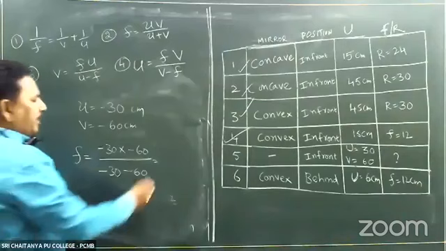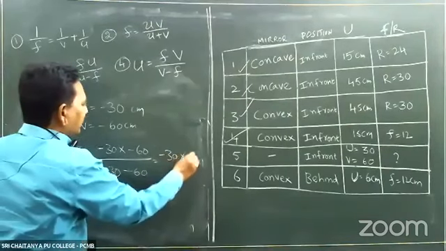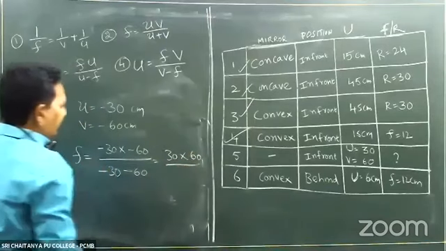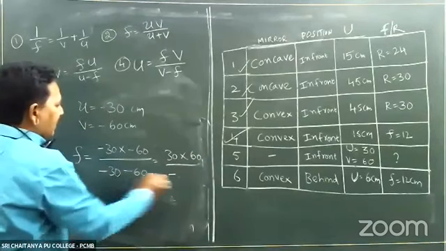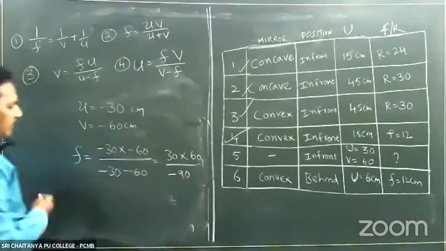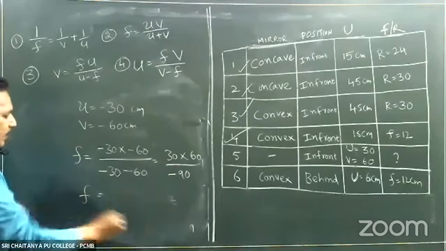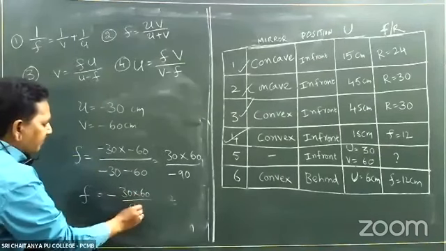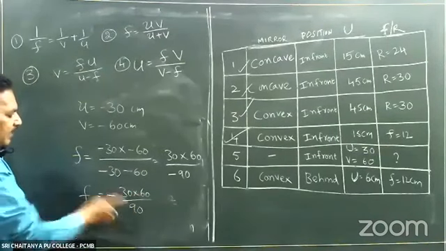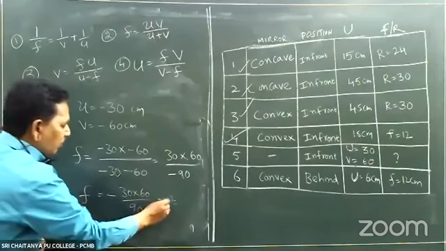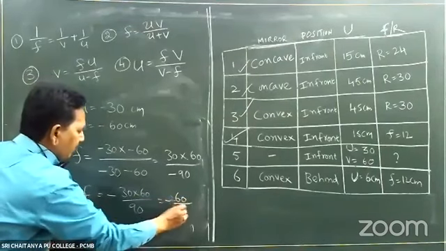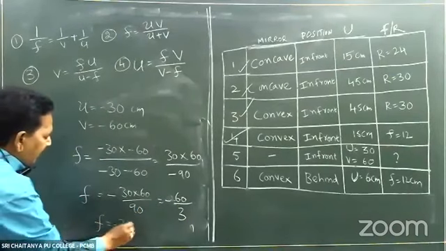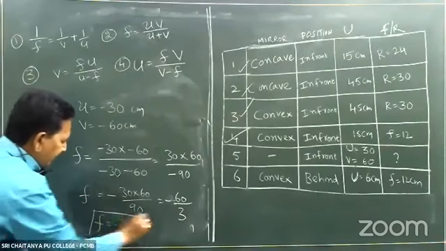This comes out to be plus 30 into 60 by minus 90. That is F equal to minus 30 into 60 by 90. 3 ones are 3, 3 threes are 9. That is equal to minus 60 by 3. F is equal to minus 20 centimeters.